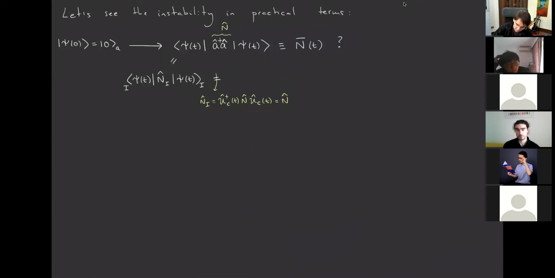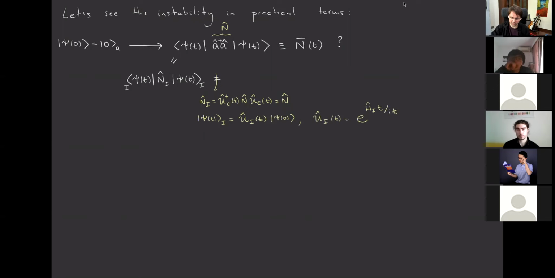On the other hand, of course, the evolution of the state in this intermediate picture is given by the time evolution operator in this intermediate picture, acting on psi of 0. And the time evolution operator in this intermediate picture is nothing but the exponential of minus i H in this picture divided by h bar, multiplied by time, okay?